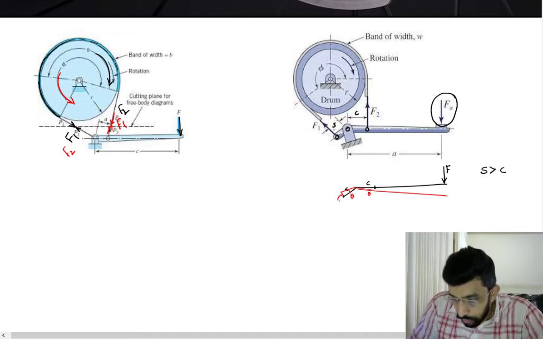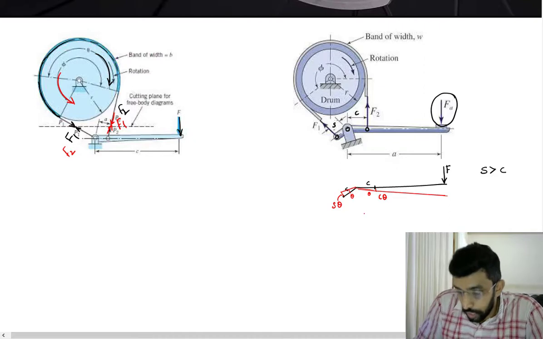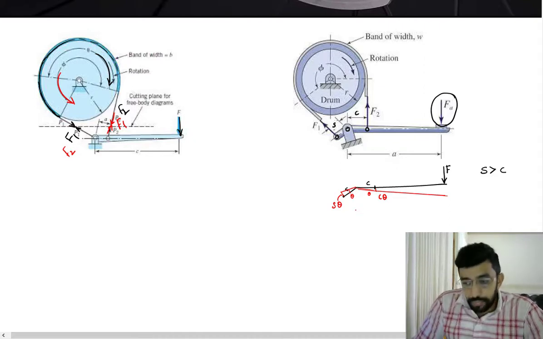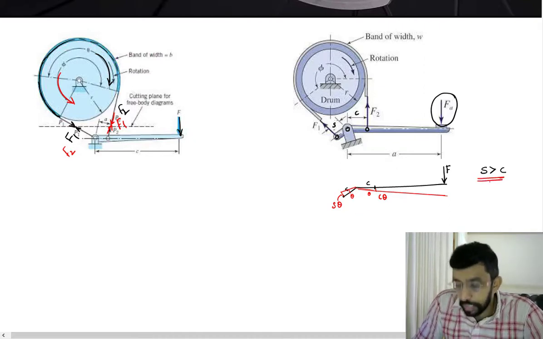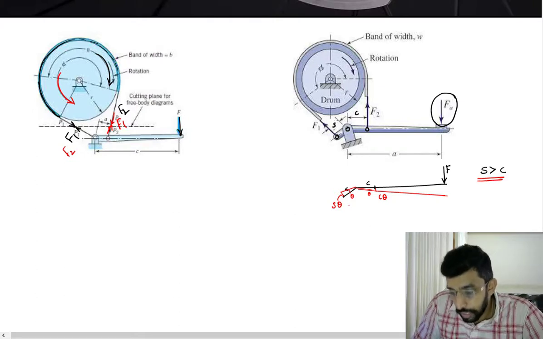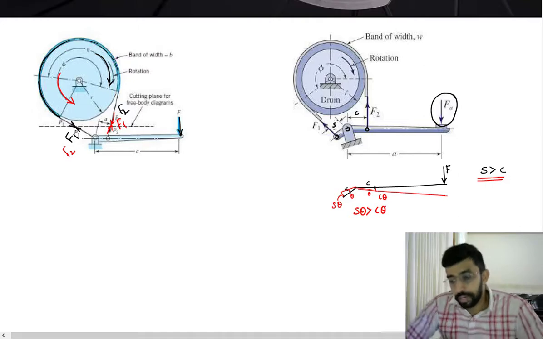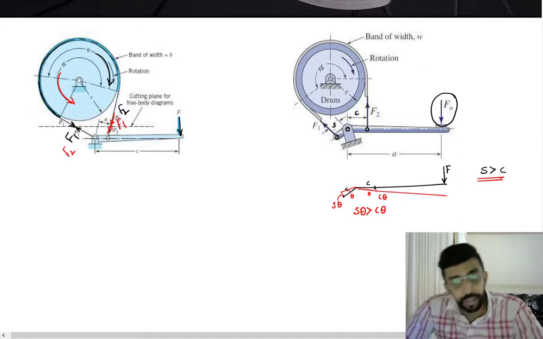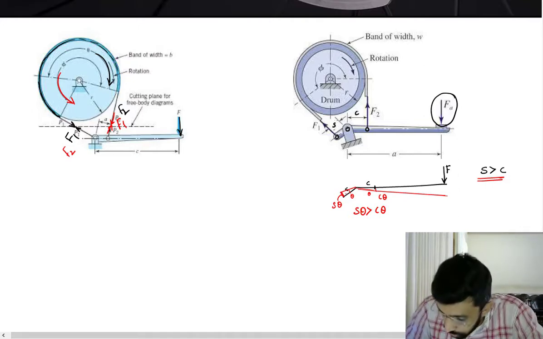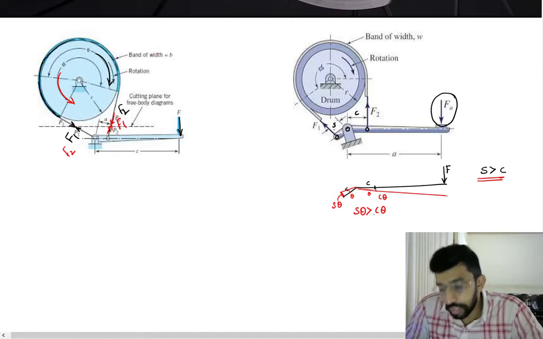So the distance traveled here is S theta, and here it is C theta. Since S is greater than C, S theta is greater than C theta.